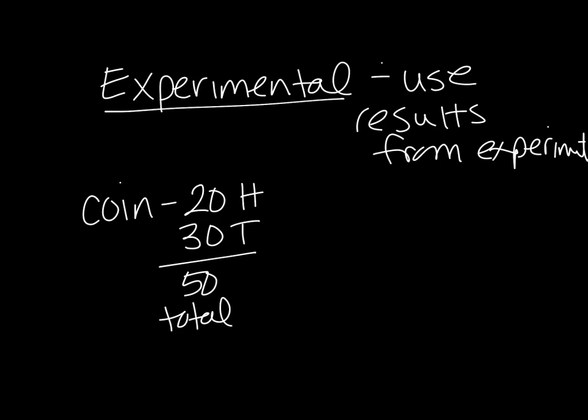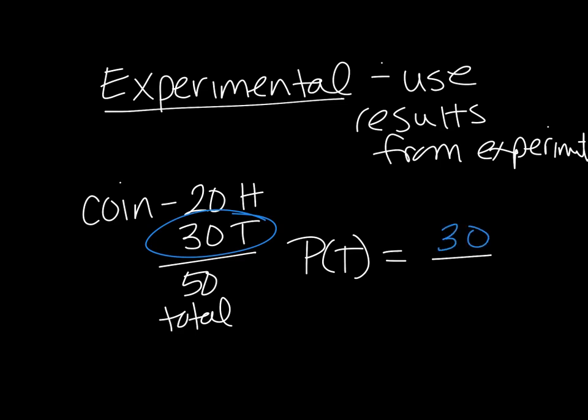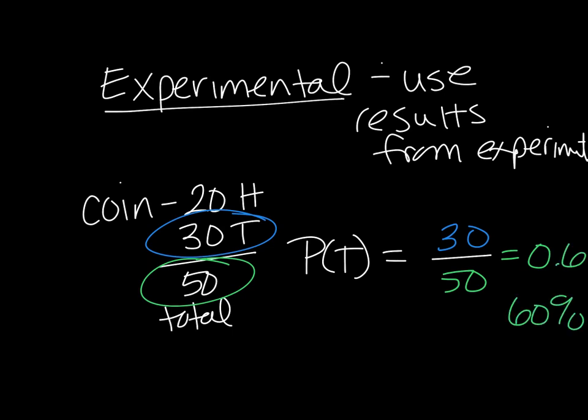Now if I want to find the experimental probability of getting tails, remember before we just looked at one coin and the possibilities off of one coin. But for the experimental probability, I say there were 30 tails, so that goes on top because that's what I'm looking for. And we did it 50 times, so 50 goes on the bottom. Then we can turn that into a decimal or a percent. And they're not always going to be the same.